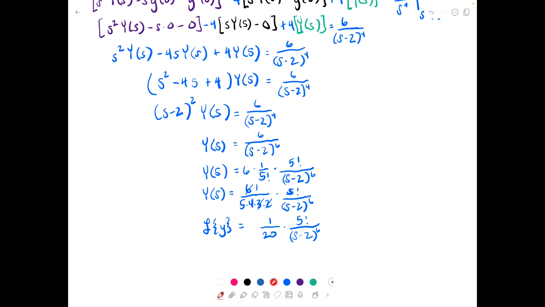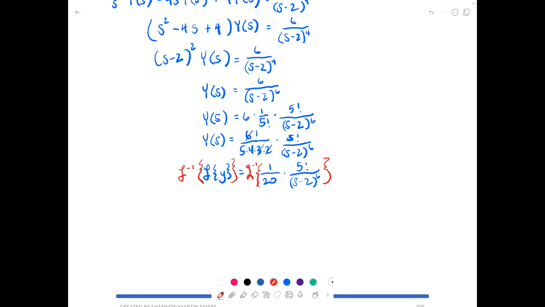And then what I want to do is apply the inverse Laplace transform to both sides. On the left-hand side, we'll just get y equals 1/20th times t to the 5th.